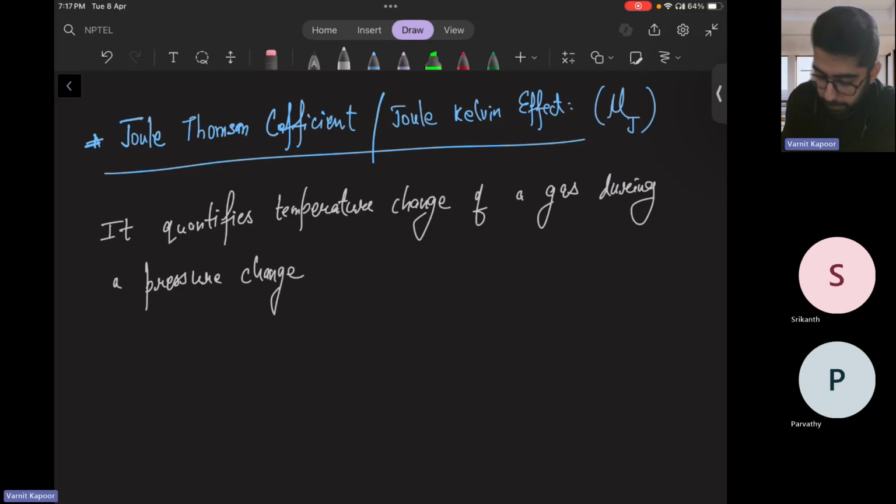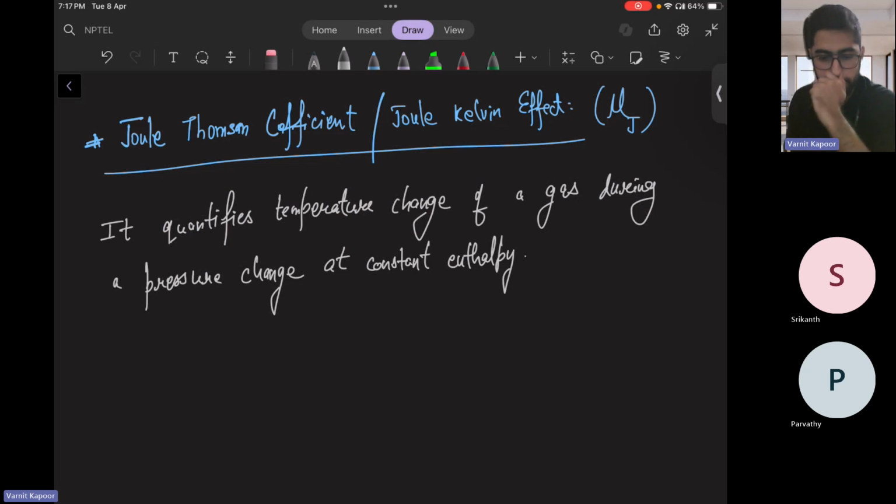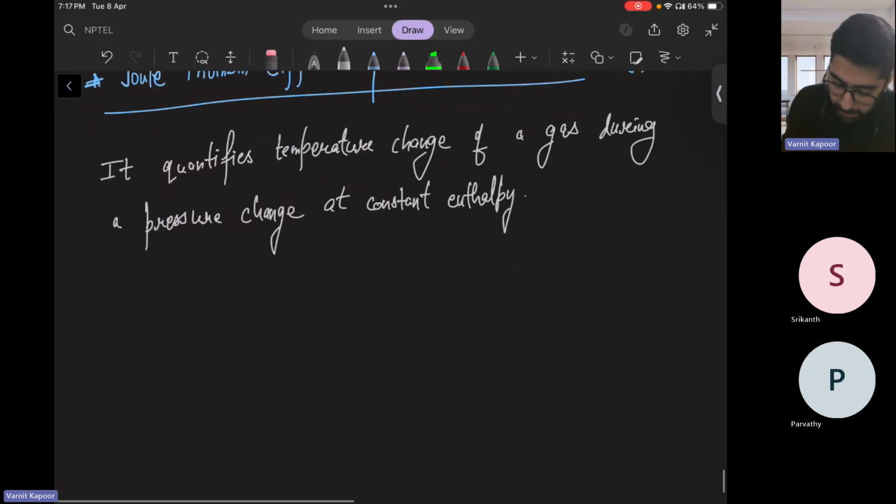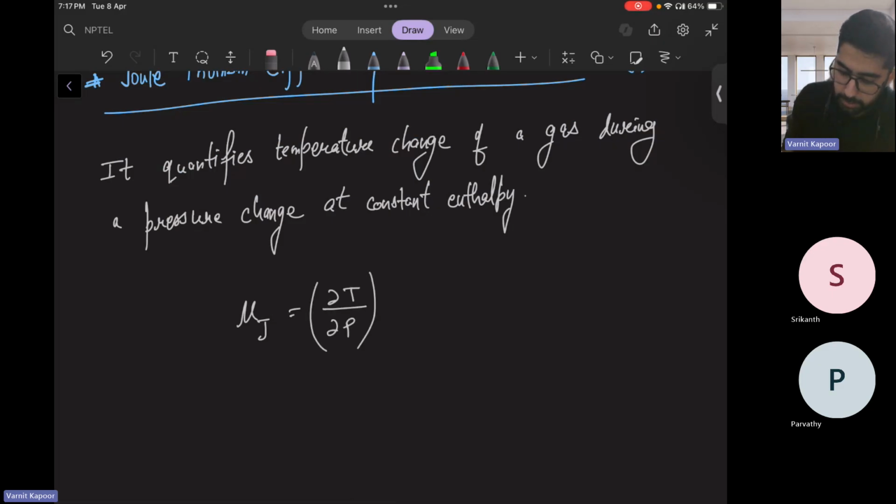That means there is no heat exchange. So it can be written as mu J is nothing but dou T by dou P, the temperature change with respect to pressure change, at constant enthalpy.